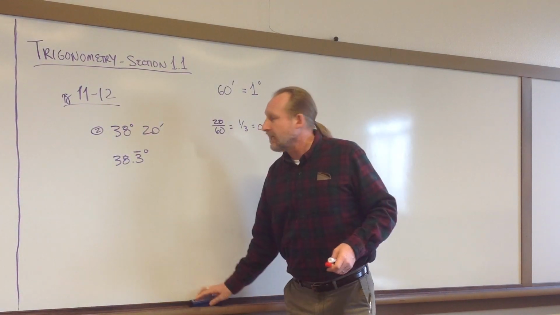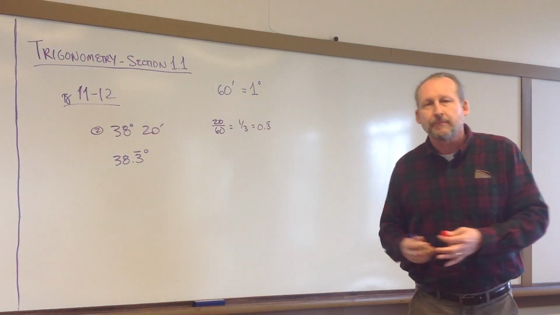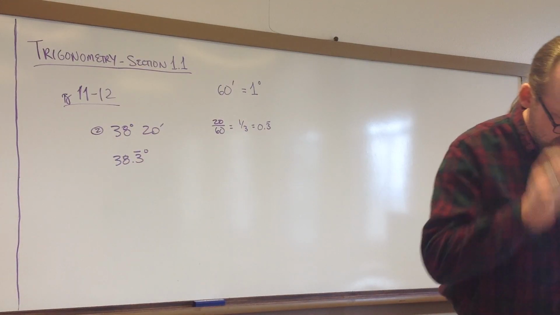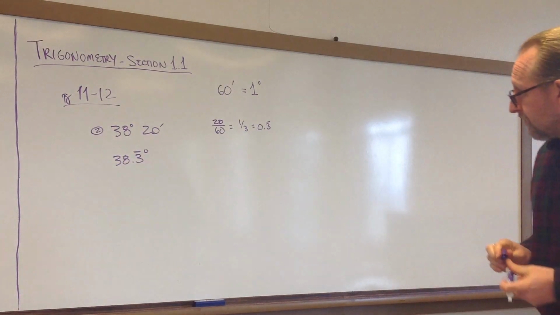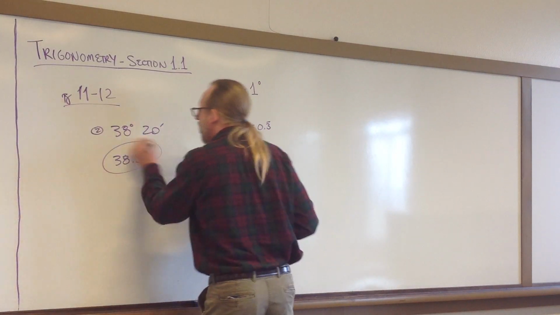If you've got a repeating decimal, use the bar. If you don't, it's not the end of the world, but I do take points off for that frequently. So that's problem 2, 38.3 repeating degrees.